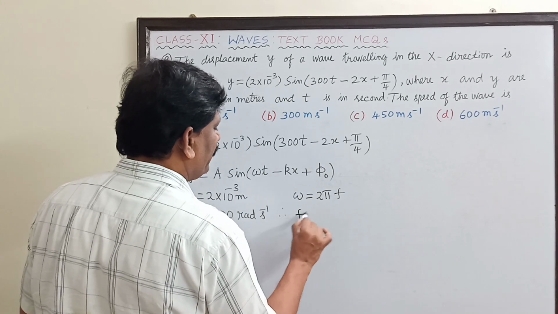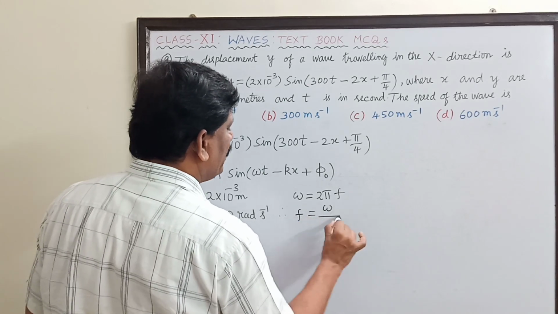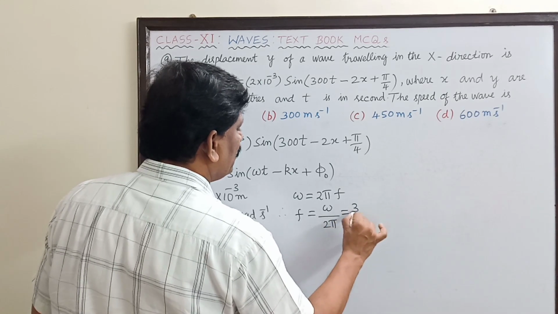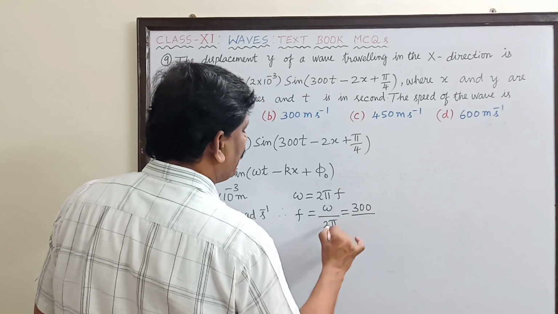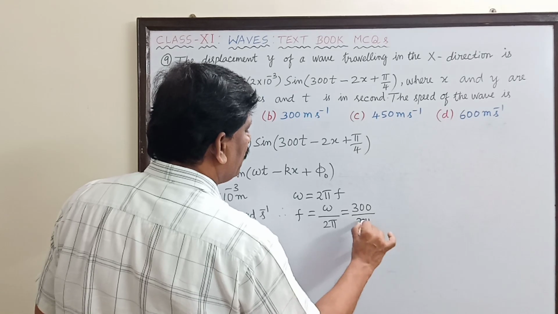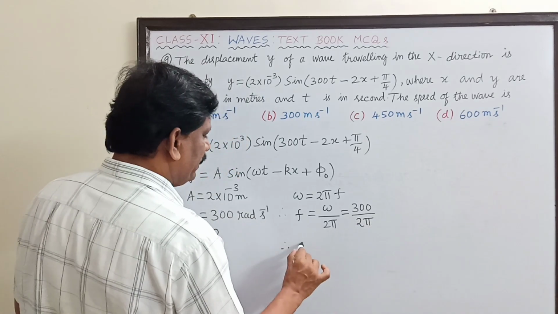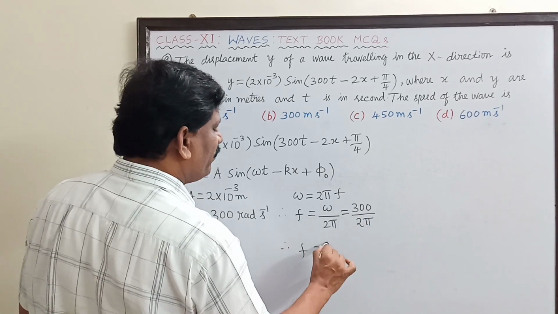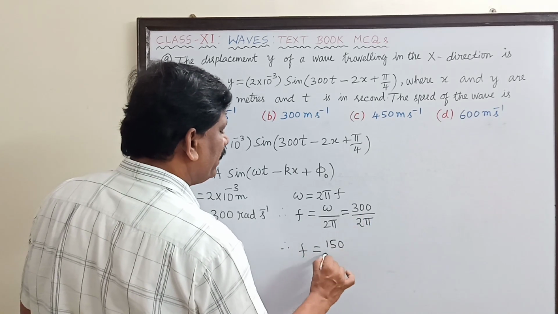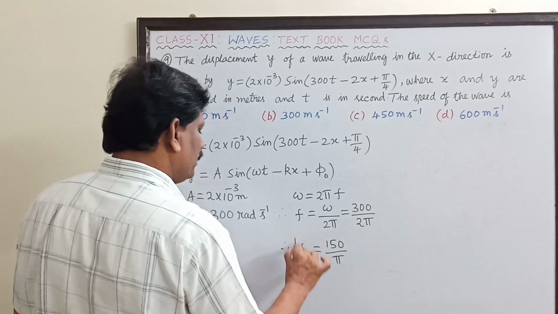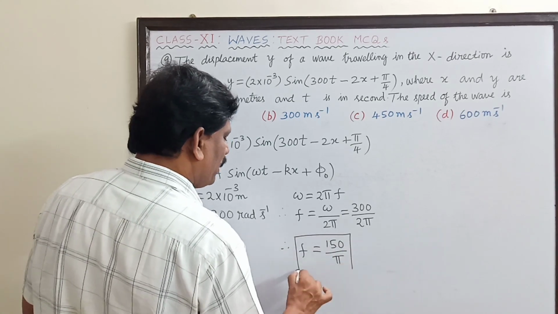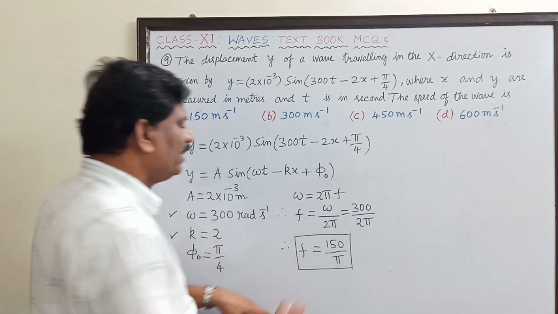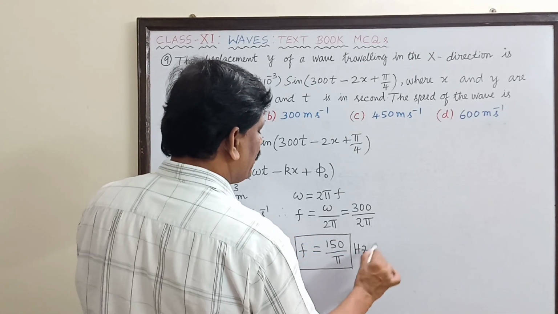Therefore, f is equal to omega divided by 2 pi, which is 300 divided by 2 pi. Therefore, f is equal to 150 divided by pi. So this is one of the steps we require. The frequency is equal to 150 by pi hertz.